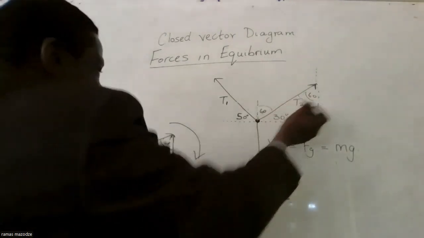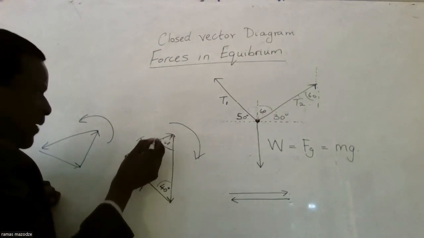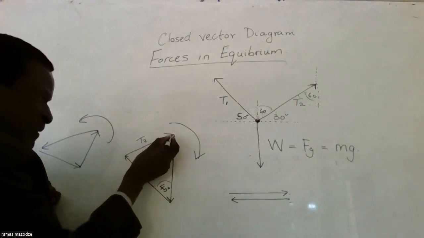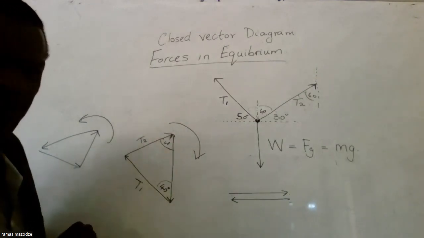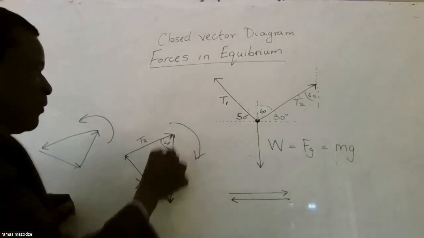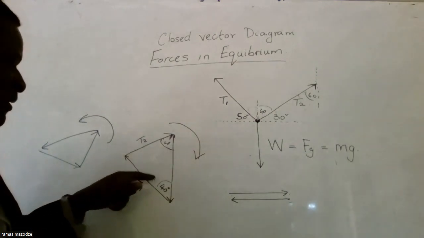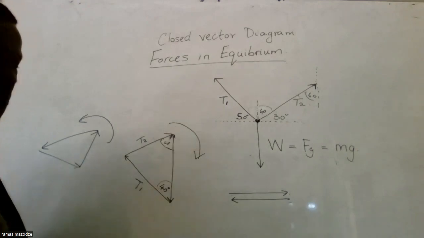So you find that angle, and you can start drawing this one from there, going this way, but the head of that T2 would be at the start of your weight vector. Then you can make that angle with two angles and one side.